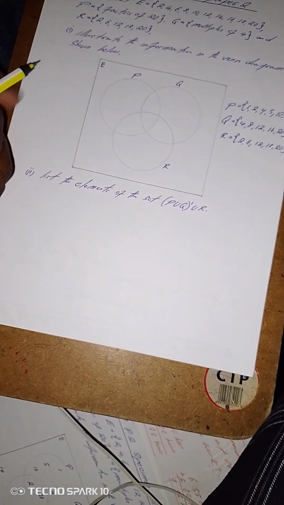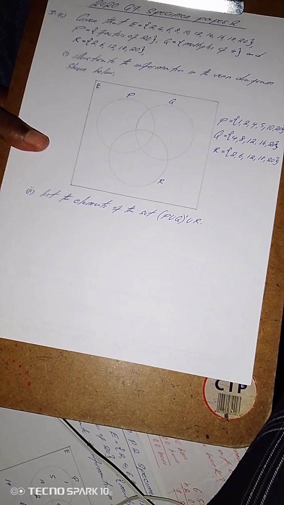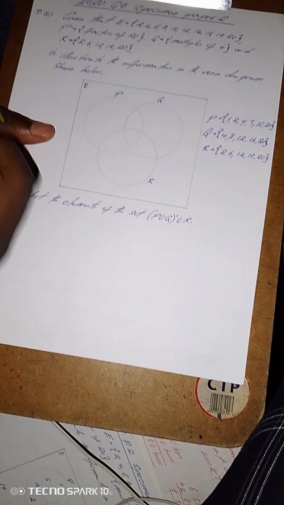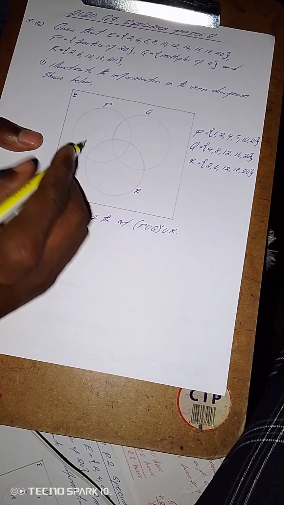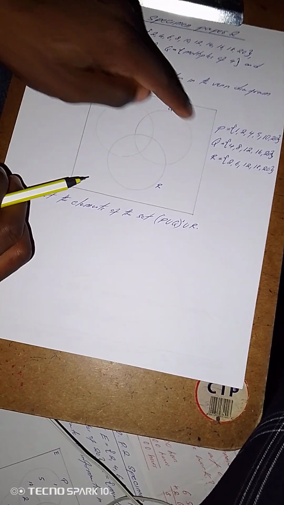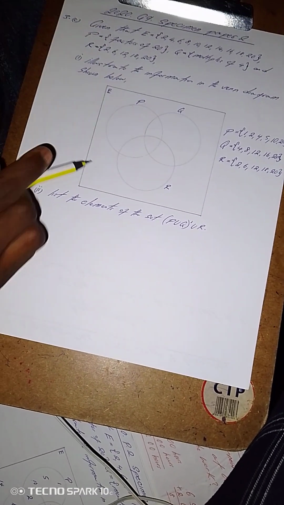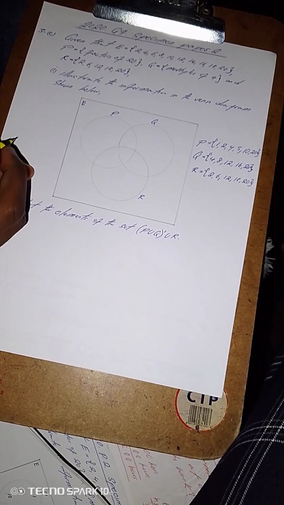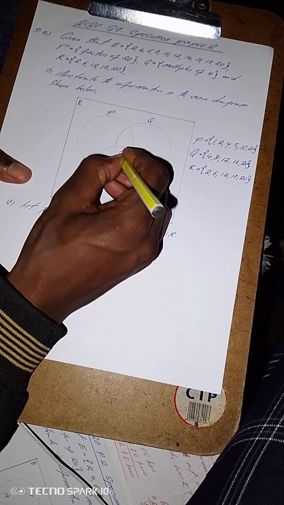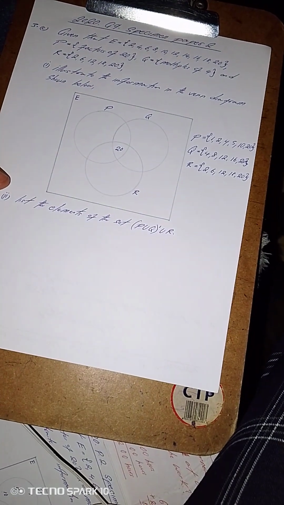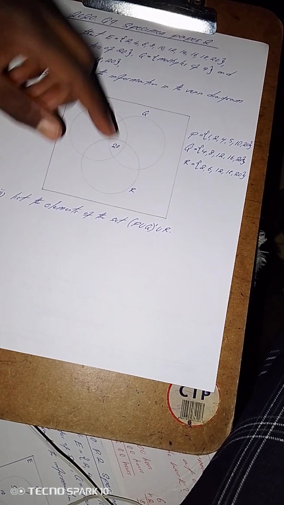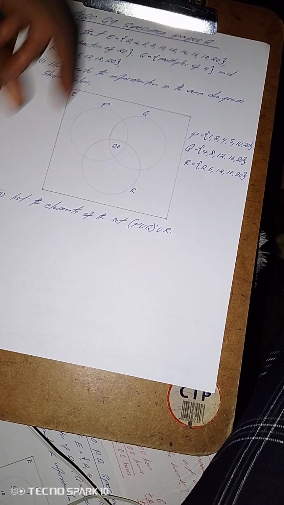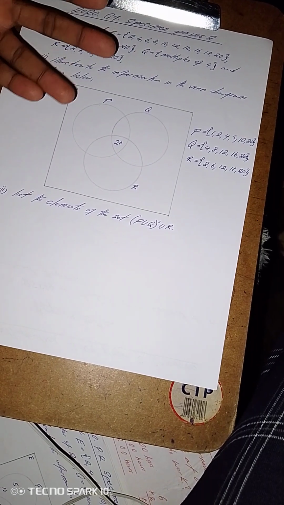So 20 is the intersection of all the sets. In the Venn diagram, this is where it's supposed to be. So we start with the intersection of all the sets, 20, like that.